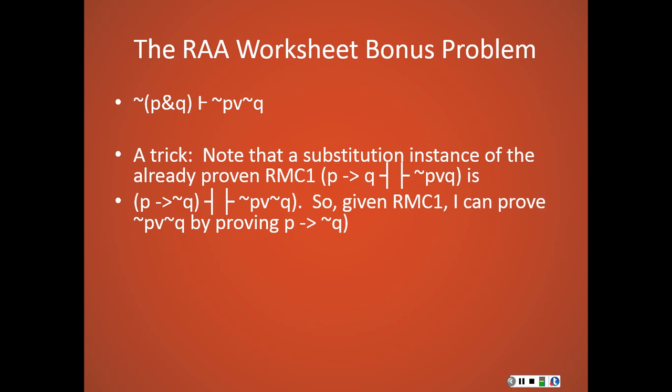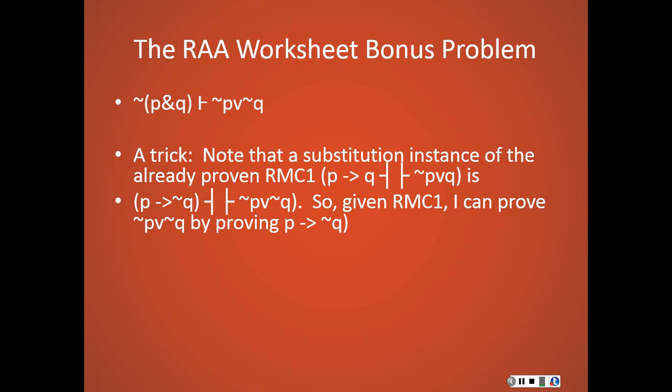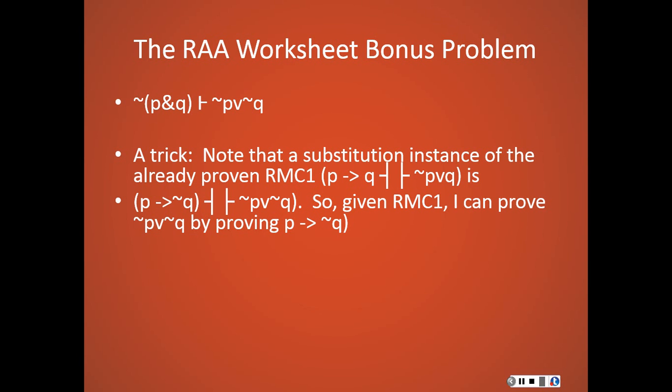So given RMC1, I can prove this disjunction, that's my conclusion, namely not P or not Q, by proving if P, then not Q. So let's go ahead and try to prove this sequent in that way. I'll make it my intermediate goal to prove if P, then not Q. And then I'll use sequent introduction applied to RMC1 to get my disjunction not P or not Q.